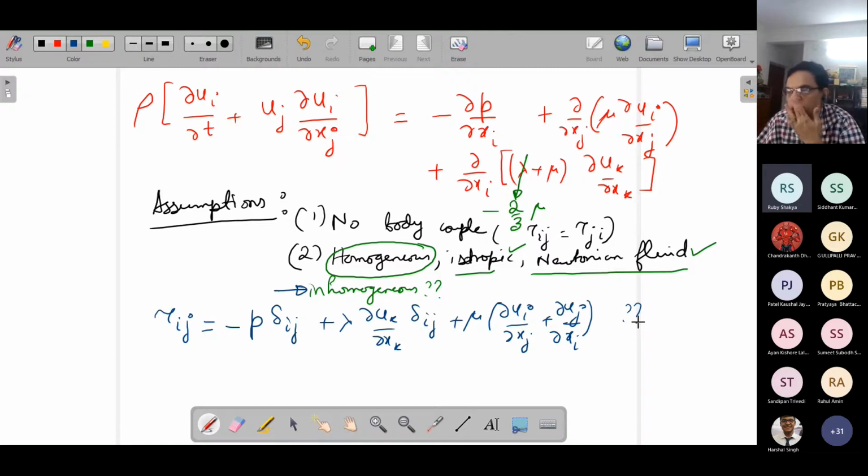Any one of you? Other isotropic and Newtonian are satisfied, but inhomogeneous. Any one of you? Just tell whatever you think. This is not like an exam that it's a great crime if you make a mistake. Not like that.